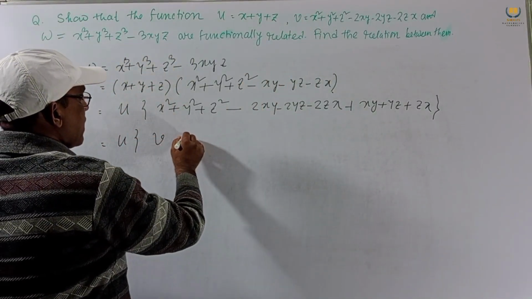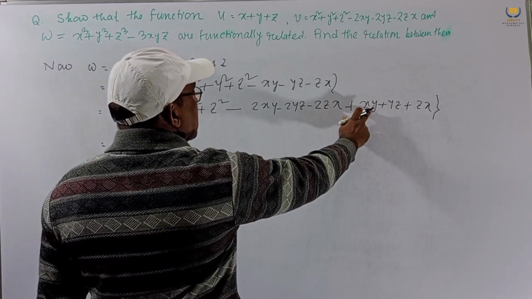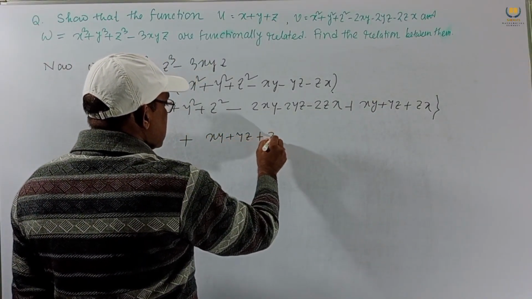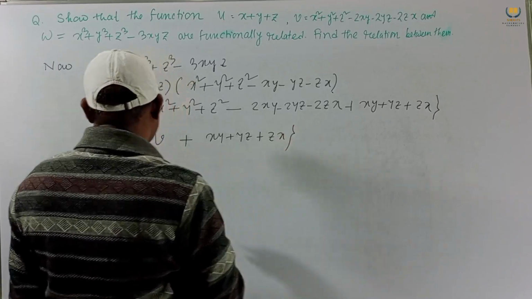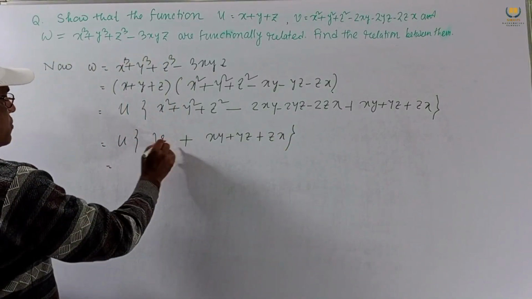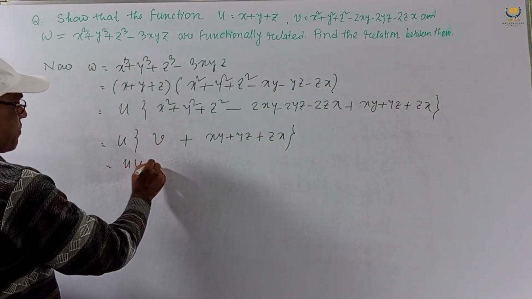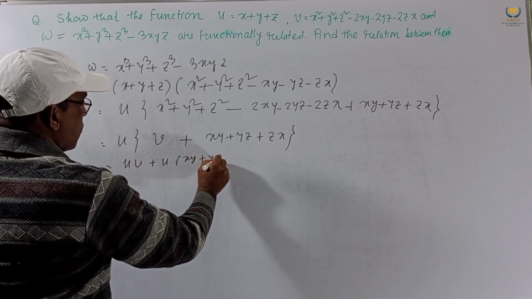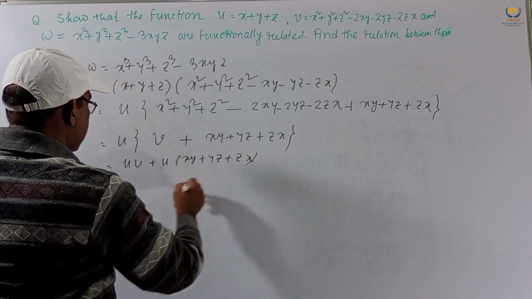V we get, and this is xy, yz, zx. We get this. Now this will be uv plus u into xy, yz, zx.